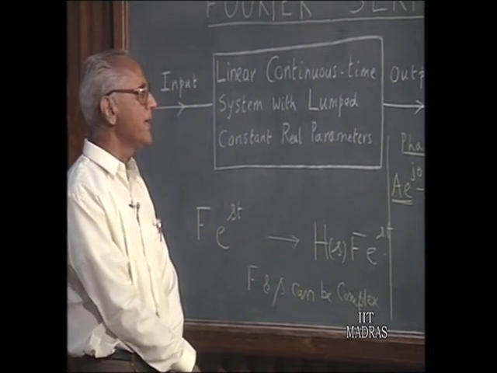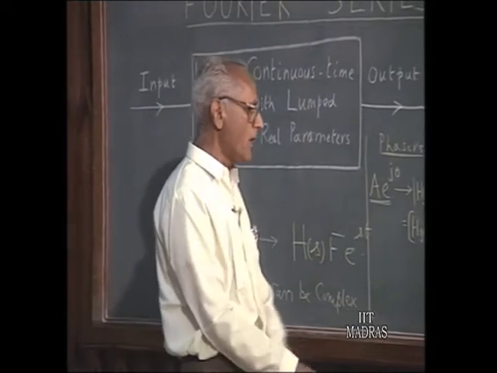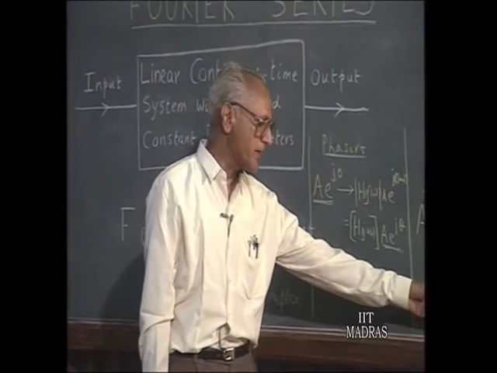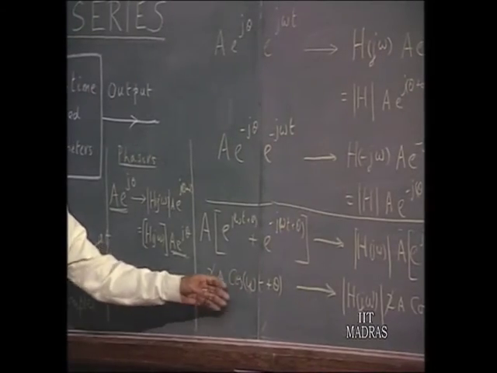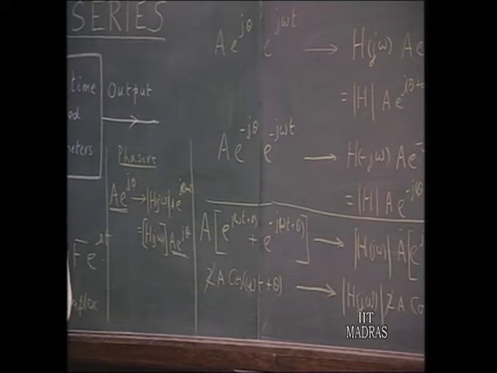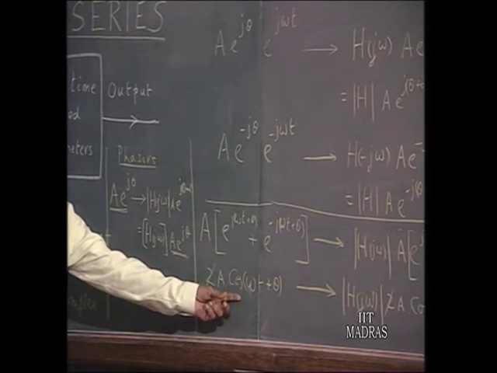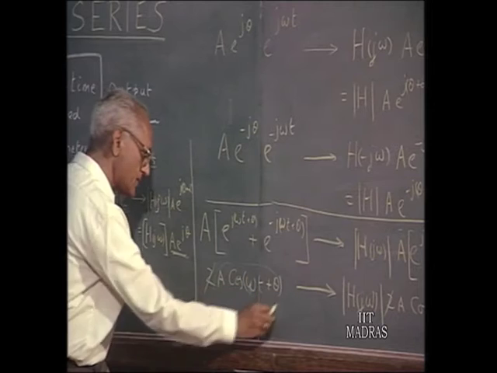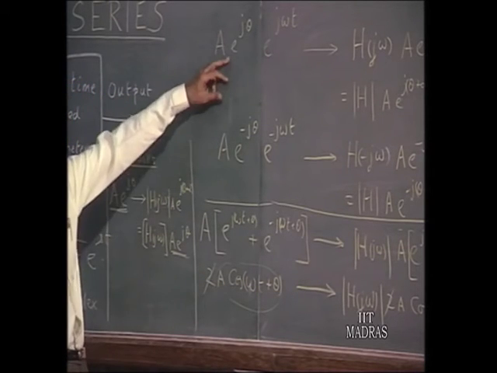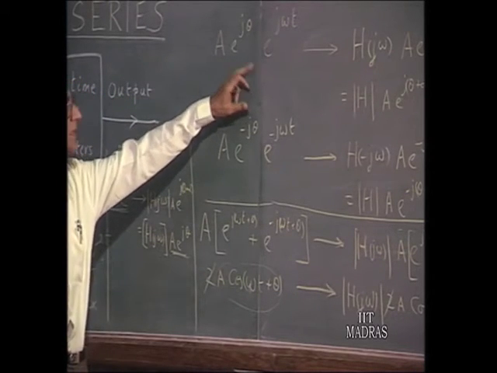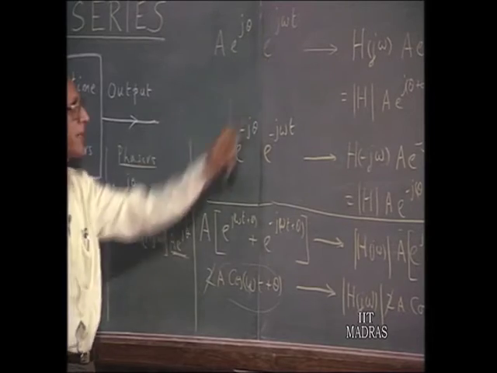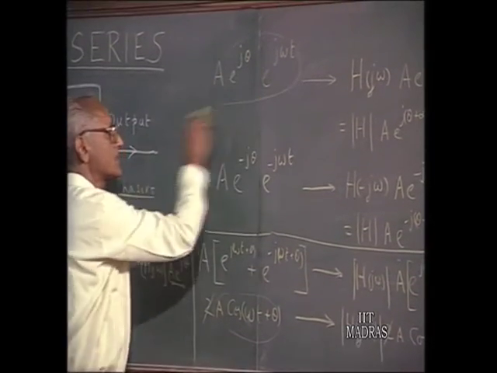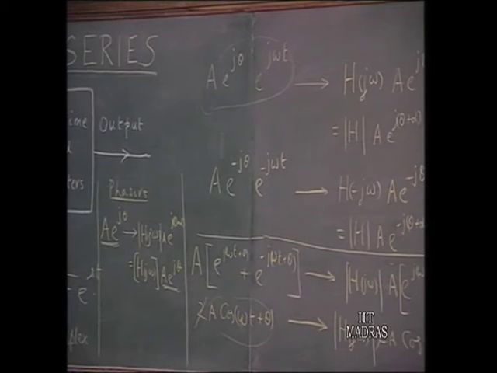What we are really doing is, when we have a sinusoidal function of time a cos(omega t plus theta), we would somehow like to relate it to a characteristic signal of the linear system. So, we view this a cos(omega t plus theta) as the real part of a function like this, a e to the power of j theta e to the power of j omega t. So, this is the characteristic signal whose real part is the signal which we are using.